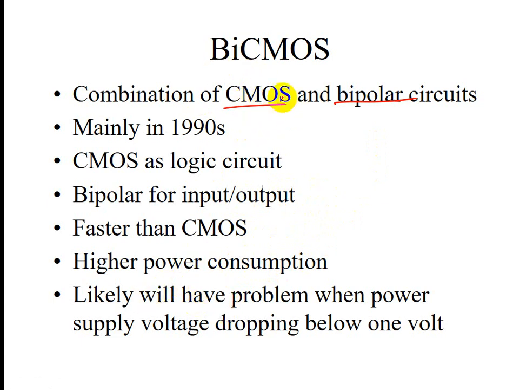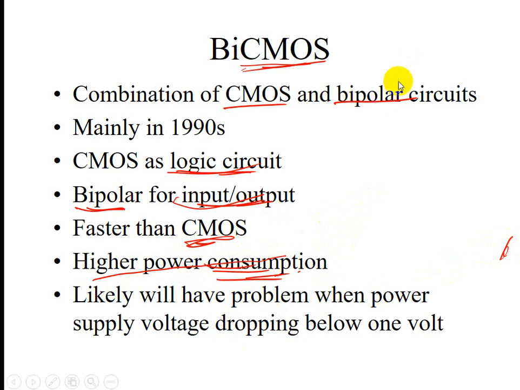In this kind of device, you're using CMOS as a logic circuit, but bipolar circuits for input and output, because bipolar has a faster transition speed. So this kind of design has a speed faster than CMOS, but with a higher power consumption. This high power consumption can be a problem in the future.